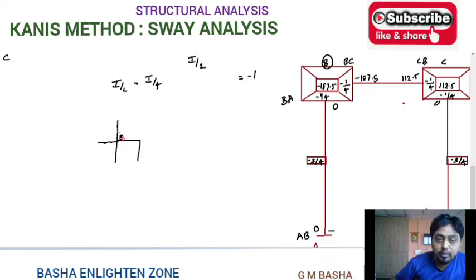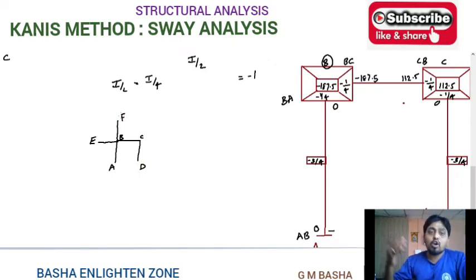So this is joint B, joint A, this is joint C, D, E, F. Like that there will be one more column at joint B. Here at both B and C there will be no displacement factors. If there is one more extra beam also, you won't get any displacement factor.